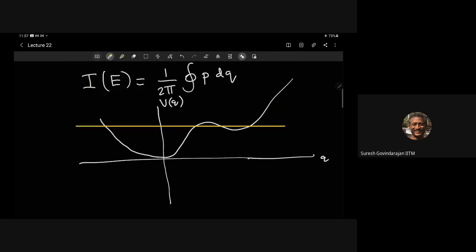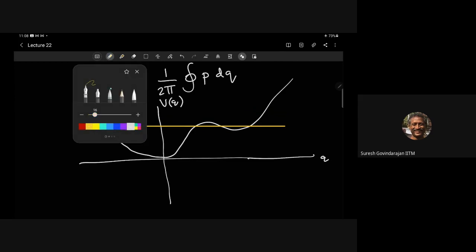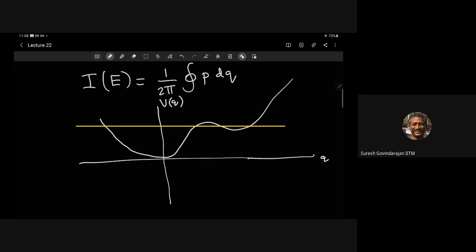Okay, very good. So these are two turning points. Let's call this Q1. Let's call this Q2. That's for the same energy E. And this is the value of energy.